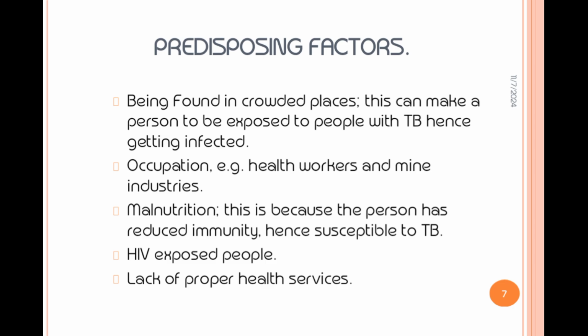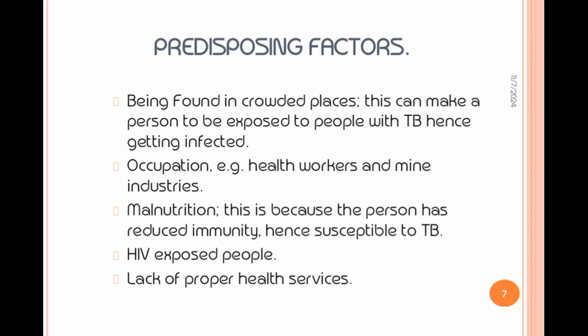We also have mine industries. In mine industries, you're going to find that some chemical substances such as silica may also predispose someone to tuberculosis. Malnutrition can also be a predisposing factor to tuberculosis. This is because the person has reduced immunity, hence is susceptible to TB.